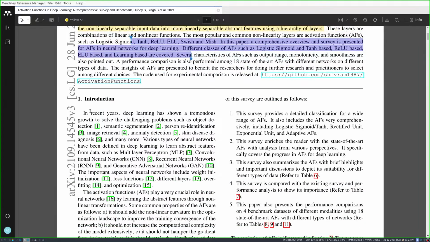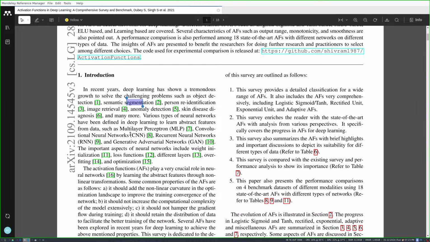Okay, now let's read the paper. Recently, deep learning has shown tremendous growth in solving challenging problems such as object detection and semantics. These include weight initialization, loss function, different layers, overfitting and optimization.